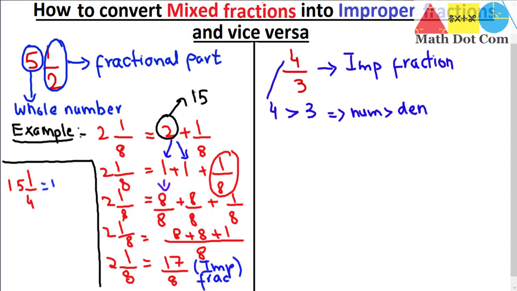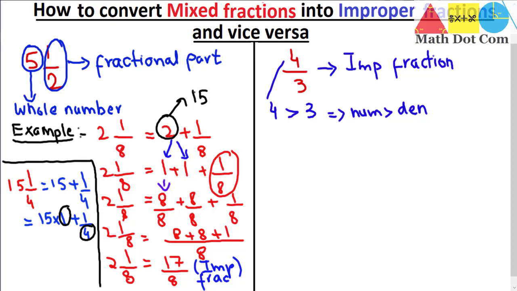First I have to break it into 15 plus 1 by 4. Instead of writing 1 plus 1 plus 1 fifteen times, you write it as 15 times 1, that is 15 into 1 plus 1 by 4. Now you just need to replace this 1 by a fraction having the same denominator as the fractional part.